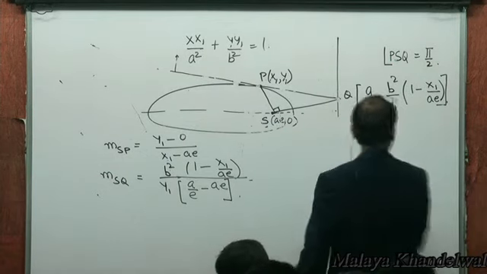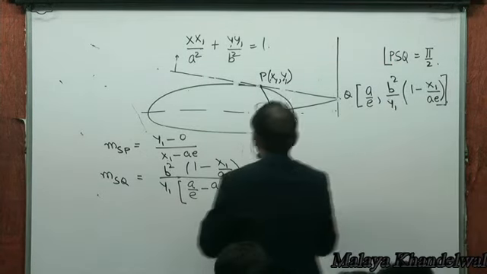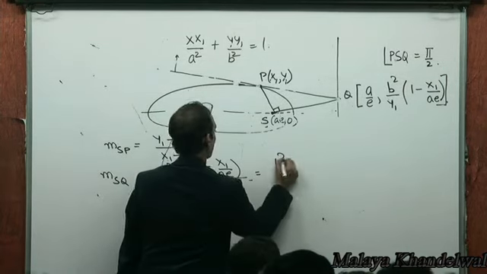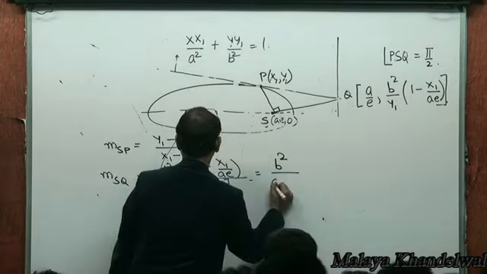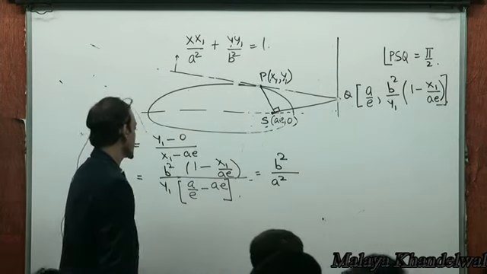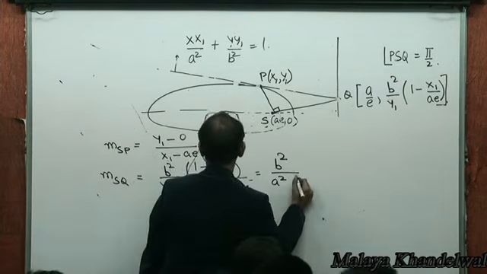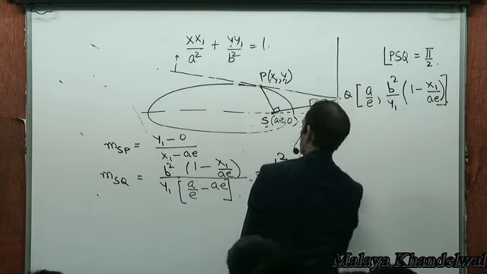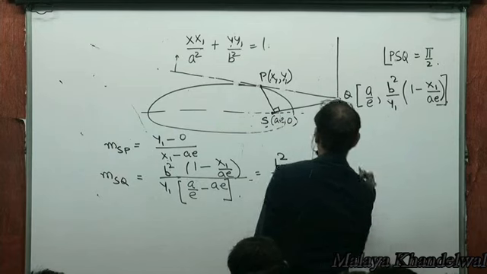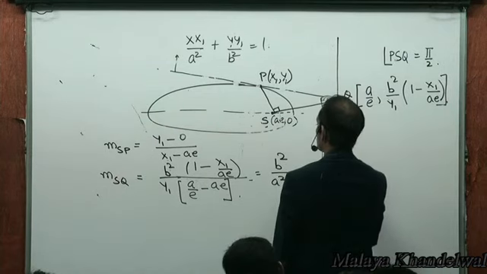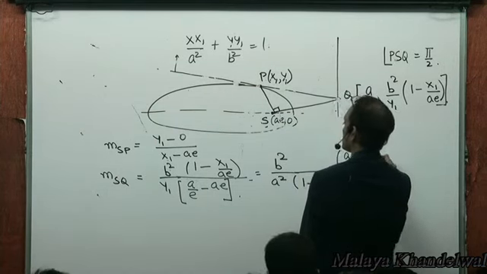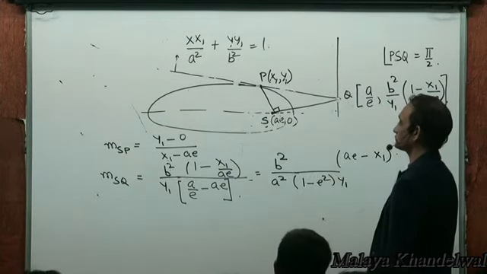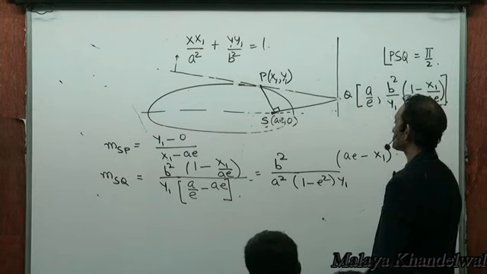Which then will emerge as b squared by a squared into 1 minus e squared, y1 into ae minus x1. Yes or no?